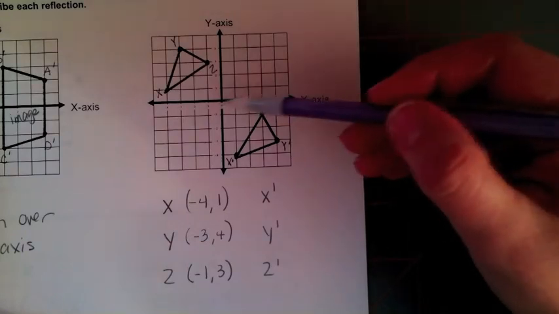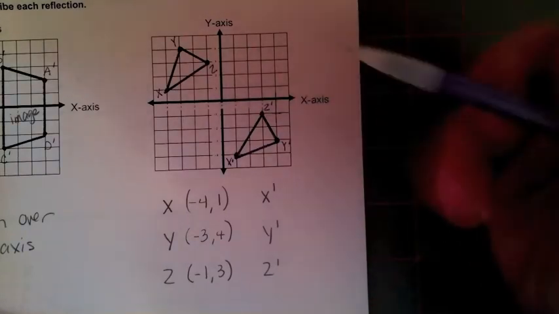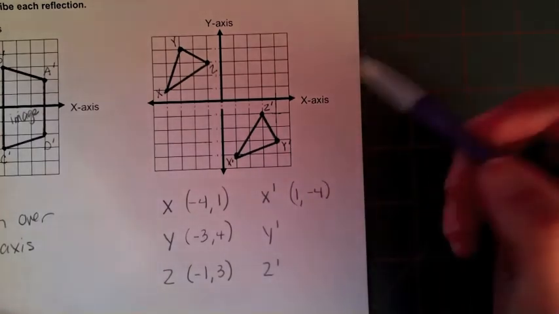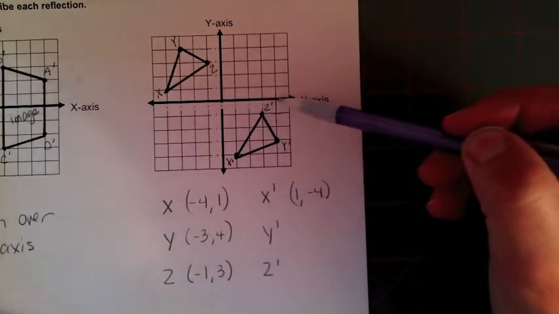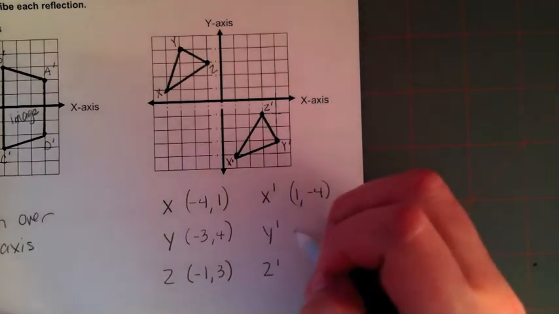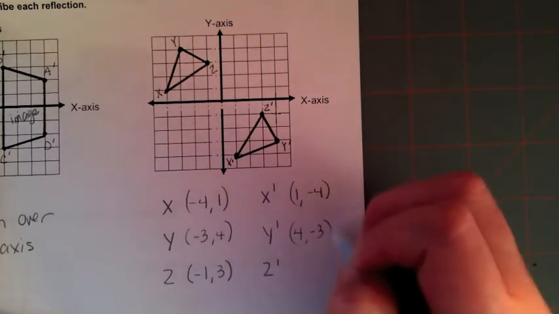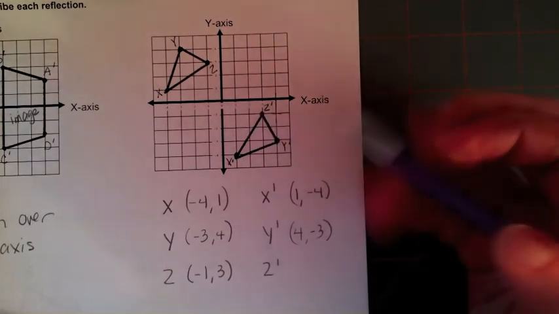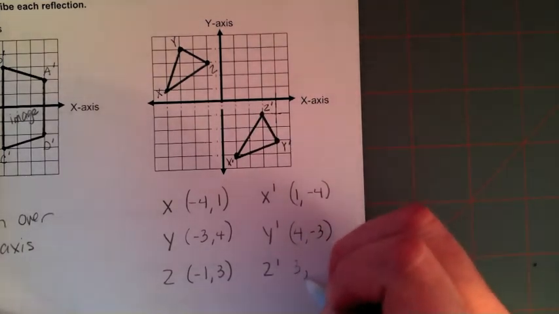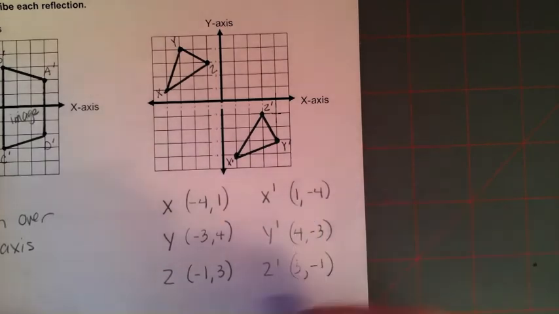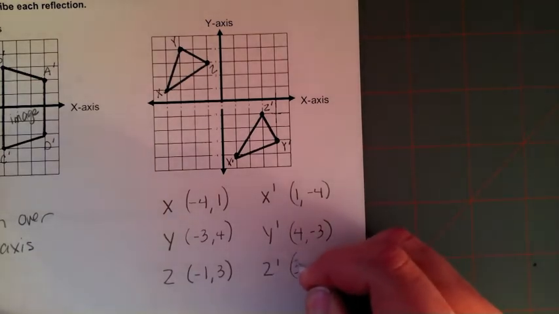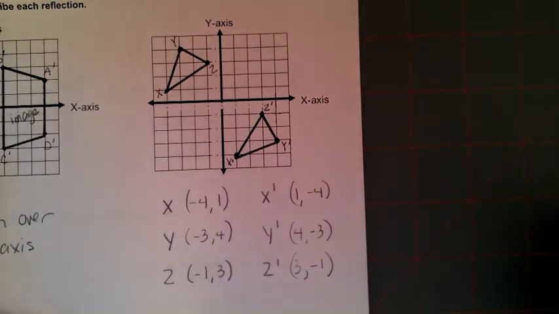X prime is right 1 and down 4, so that's going to be at (1, -4). Y prime is at (4, -3). And Z prime is at (3, -1). So go ahead and take a second, comparing X with X prime, Y with Y prime, and Z with Z prime, and see if you notice any pattern or relationship.